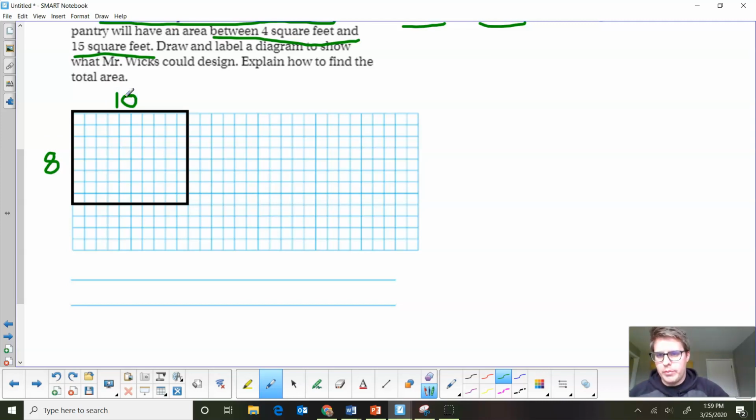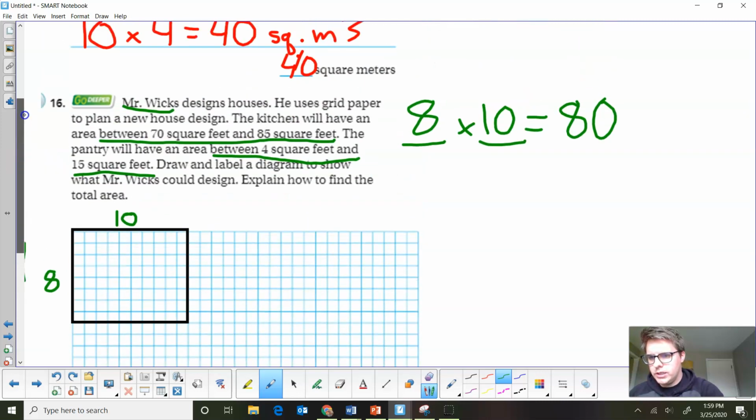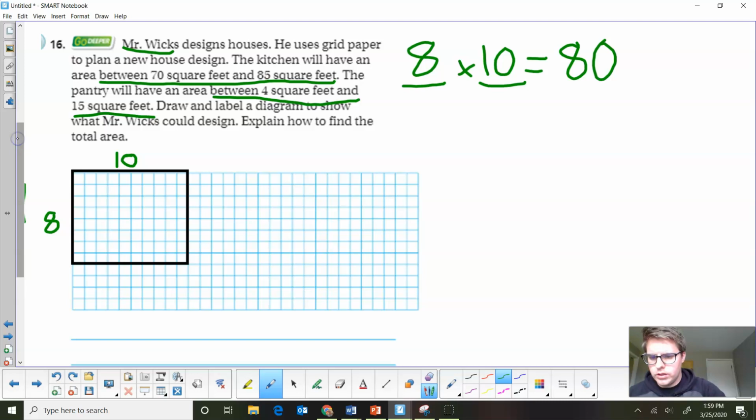Now I need to worry about this pantry here. So I'm going to tuck my pantry in this bottom corner down here, okay? I'm going to tuck it in right there. And this part I'm going to do in a different color. It needs to be something by something to have an area somewhere in between 4 and 15. Well, I want a big pantry, right?